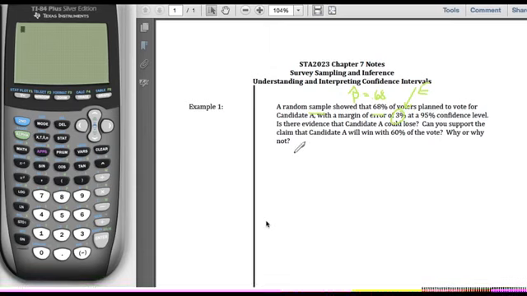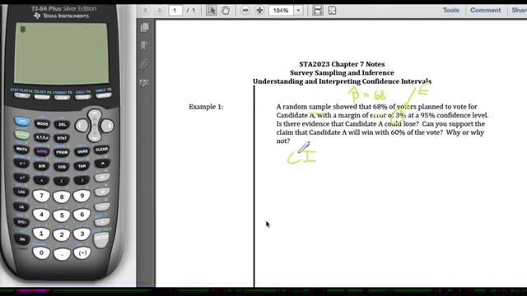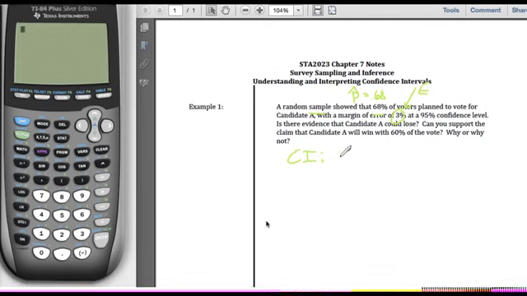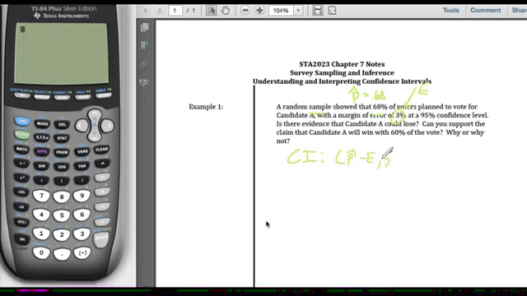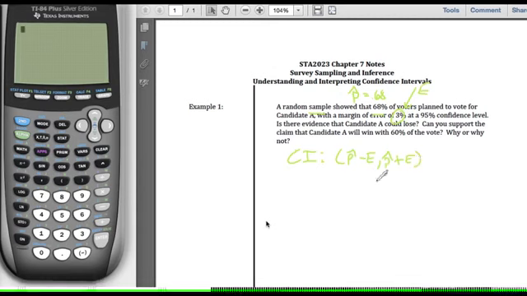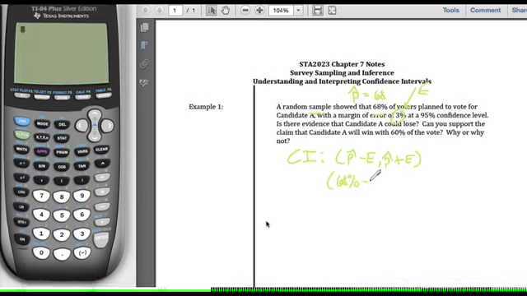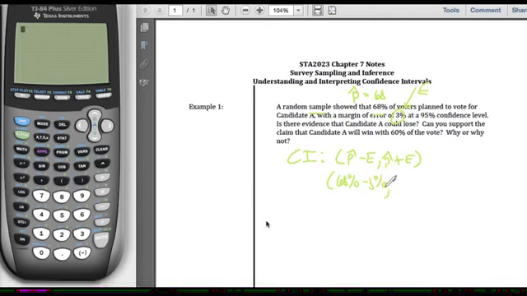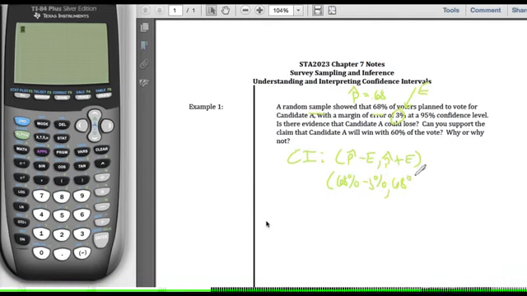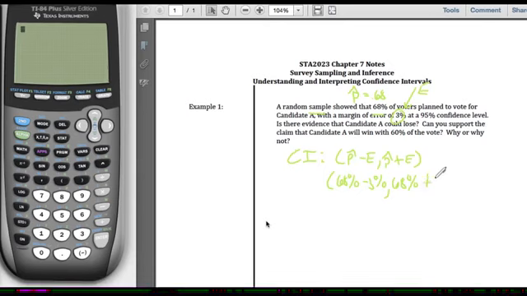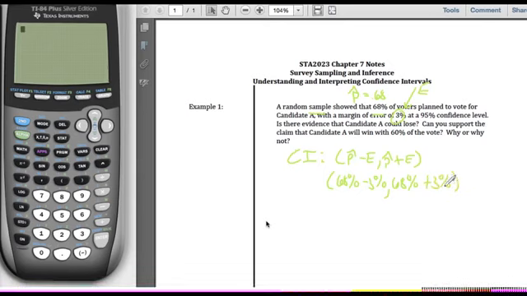So what this tells me is that I could go ahead and find my confidence interval, because recall that a confidence interval from the 7th video of Chapter 7 is just p-hat minus your margin of error and then p-hat plus your margin of error. So because p-hat is 68%, I can subtract 3%, take my 68% and add 3%.